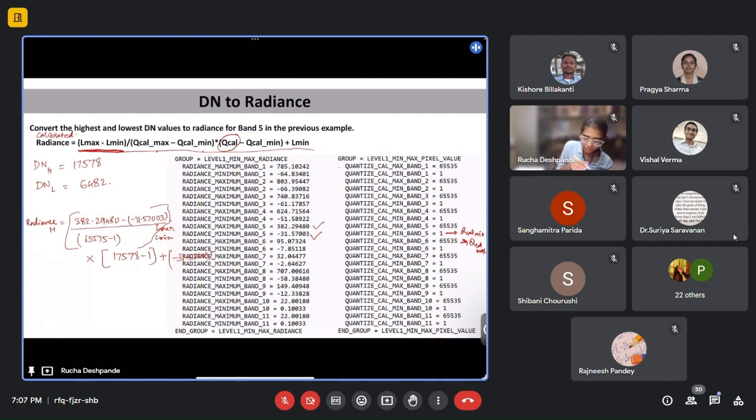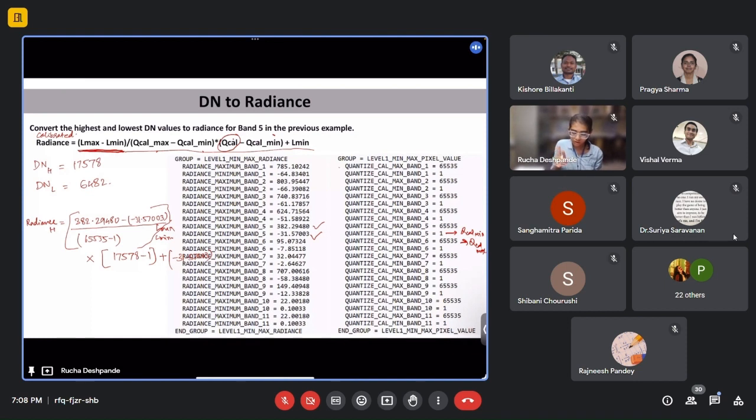Here basically we are scaling this range of radiance values. This is the range, from minus 31 to 382. We are normalizing it with the range of DN values, QCal max minus QCal min, and then multiplying it with QCal minus QCal min.